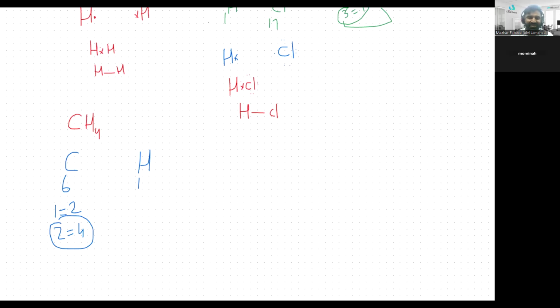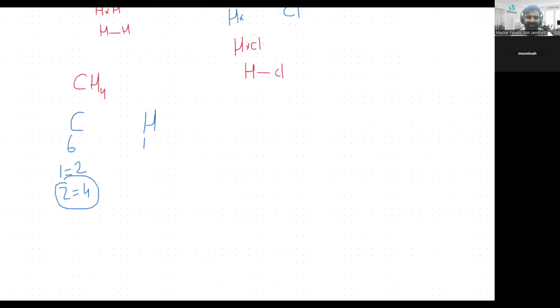It means carbon can form 4 bonds. Like this, we check this. You have to write the electrons of carbon, 4 in the valence shell. You write this in highlighted form.